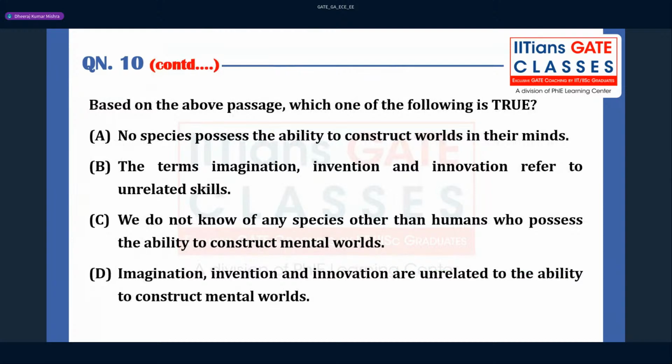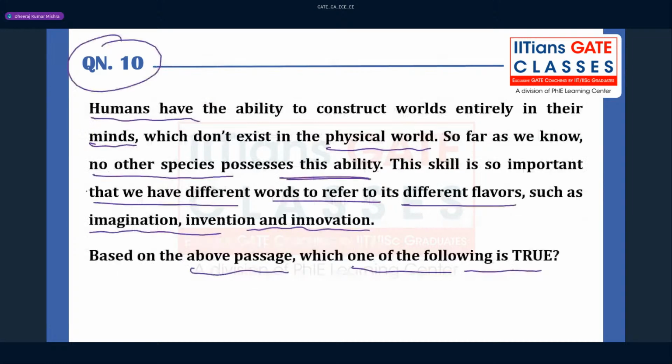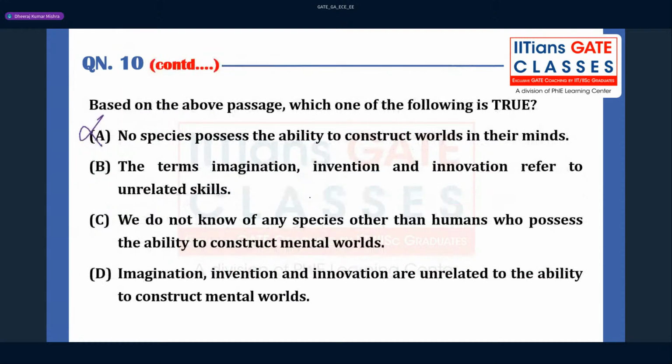So what they have given here is option A. No species possesses the ability to construct. This is wrong. So far, what they have given is about other species, but they did not mention that no species does, right? Yeah. The terms imagination and invention refer to unrelated skills. This is not given, right?